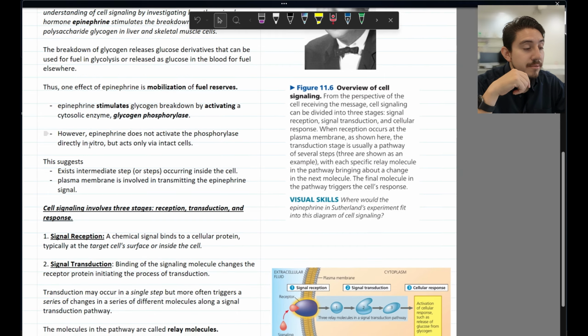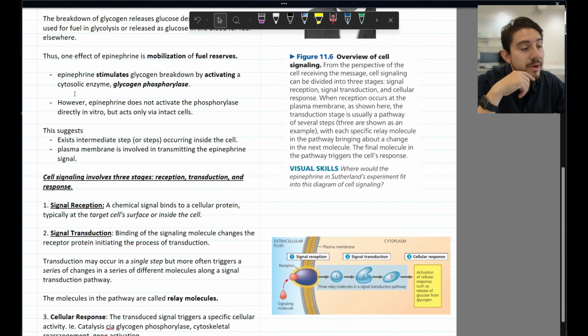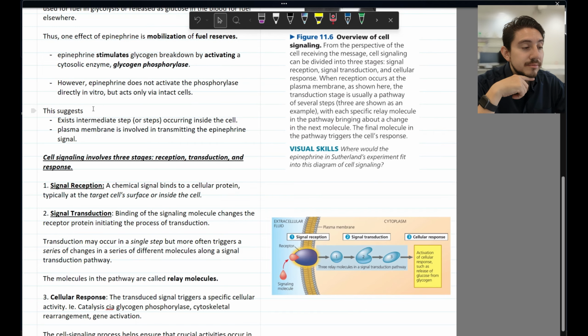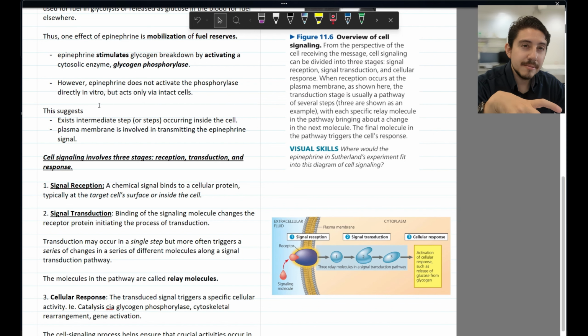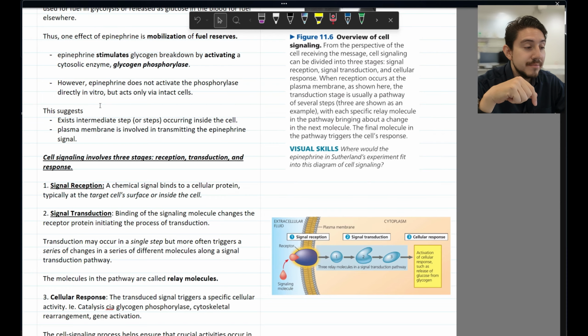Okay, so the way that it does that is by activating a cytosolic enzyme called glycogen phosphorylase. Okay, so in itself, if you were to get epinephrine and glycogen in vitro, okay, so in a tube, you put a certain concentration of epinephrine and glycogen in itself, nothing will happen.